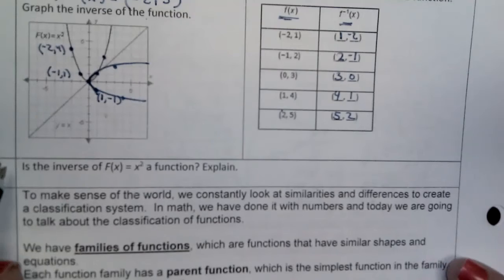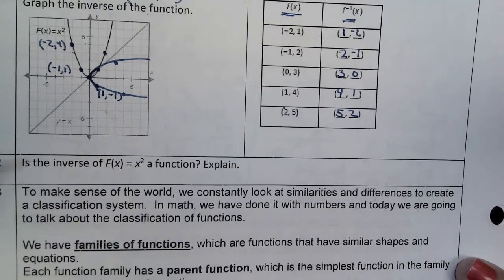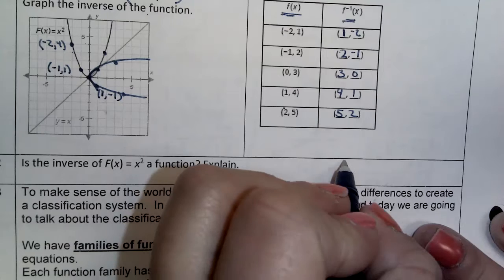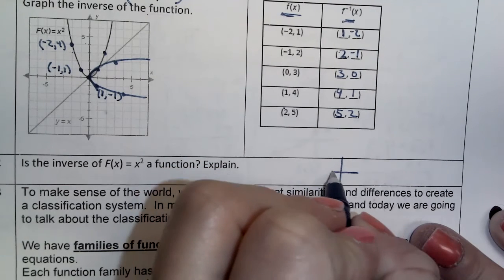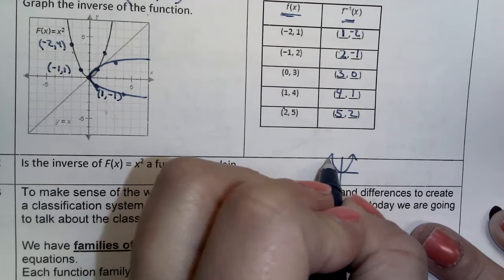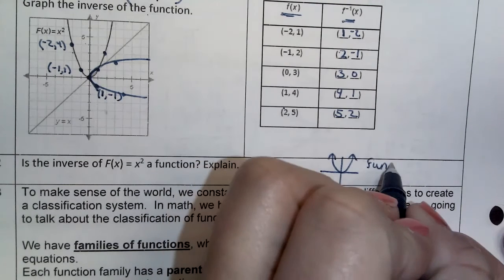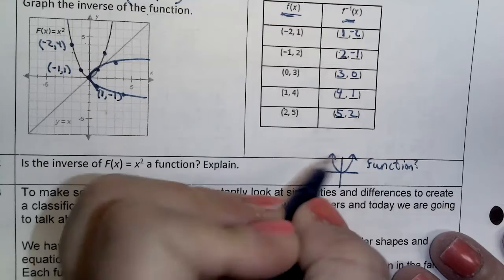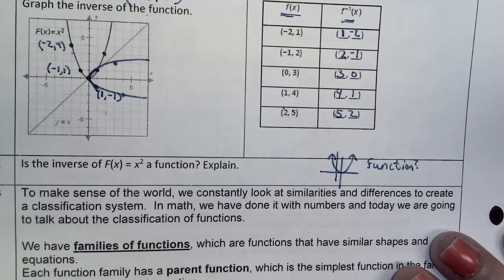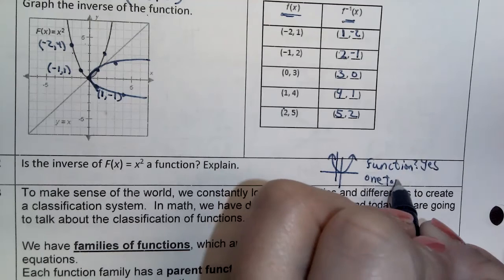And then 4.2 says, is the inverse of the function x squared a function? Well, let's see what x squared looks like. So x squared, if we were to graph it in our calculator, actually looks like this. Is this a function? Yes, it is. It passes the vertical line test. Okay, is it 1 to 1?